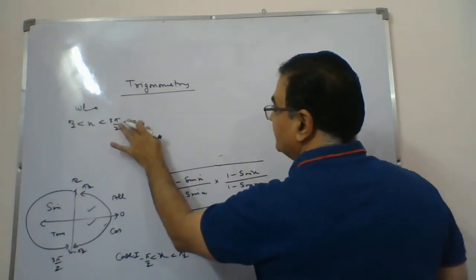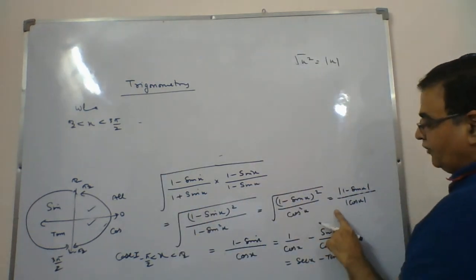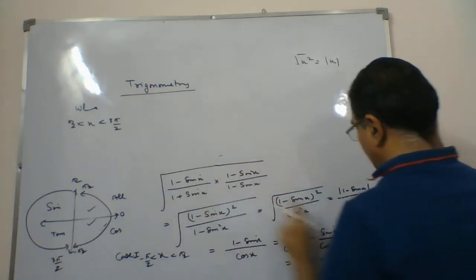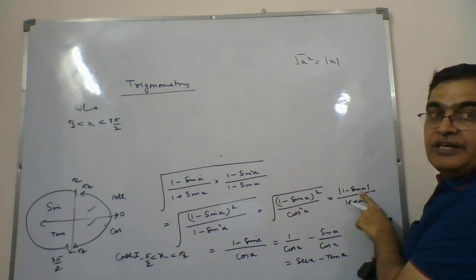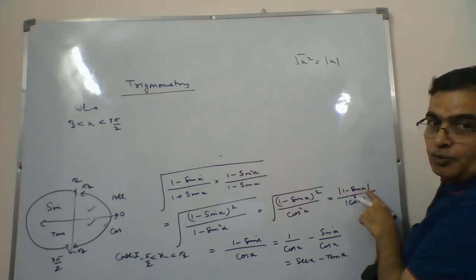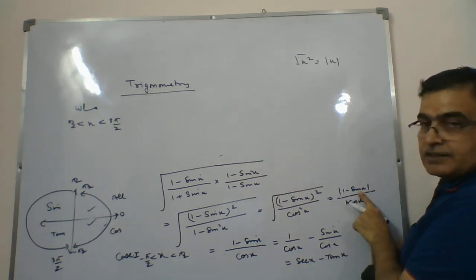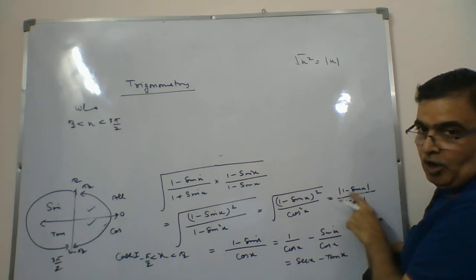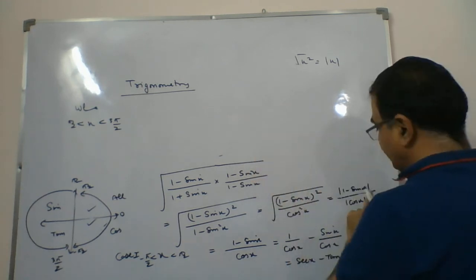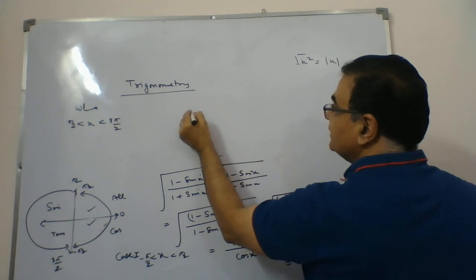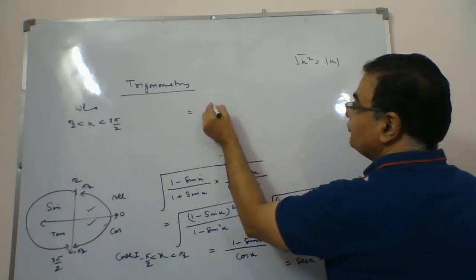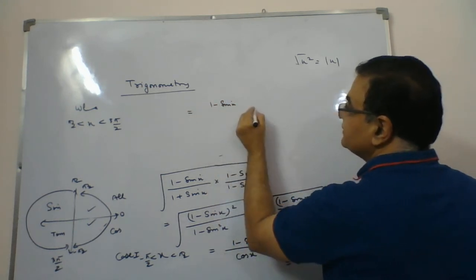We'll start from here again. I told you sin can never exceed 1, so this quantity always comes out positive, because the maximum is 1, so it can make 0 or some positive number. So inside quantity always comes out positive, so we will have this result as 1 minus sin x.